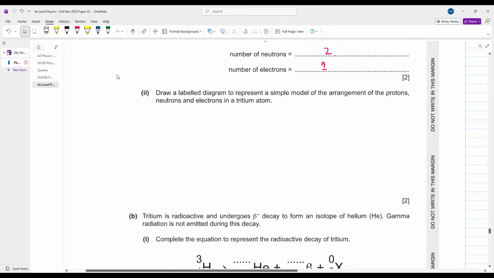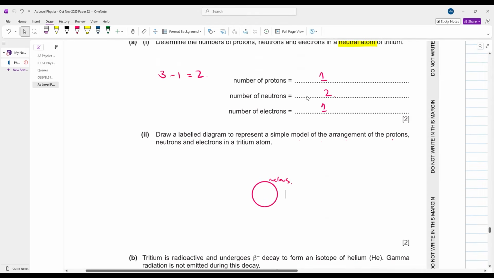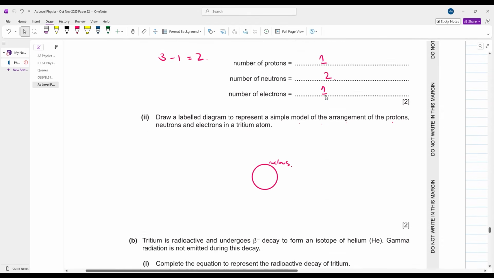Perfect. Draw a labeled diagram to represent a simple model of the arrangement of protons, neutrons, and electrons in a tritium atom. First of all, remember, protons and neutrons are inside the nucleus. Let's say this is your nucleus. Protons and neutrons. We have two protons, one neutron.